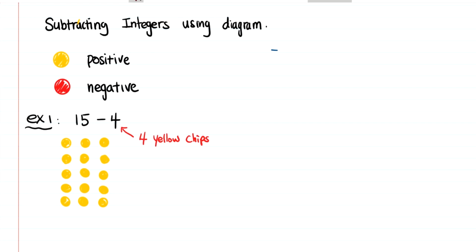So 1, 2, 3, 4 will be taken away. And basically this is gone. And we're left with 1, 2, 3, 4, 5, 6, 7, 8, 9, 10, and 11. That's how you get the answer using the diagram.